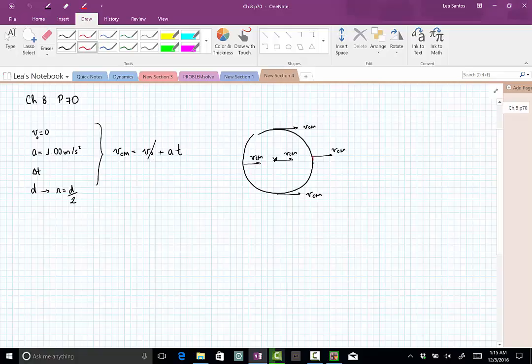Okay, so here I have this tangential velocity, here I have this tangential velocity, and here and here. Okay, so you see that at the top, the two velocities involved have the same direction, the tangential velocity and the velocity of the center of mass.